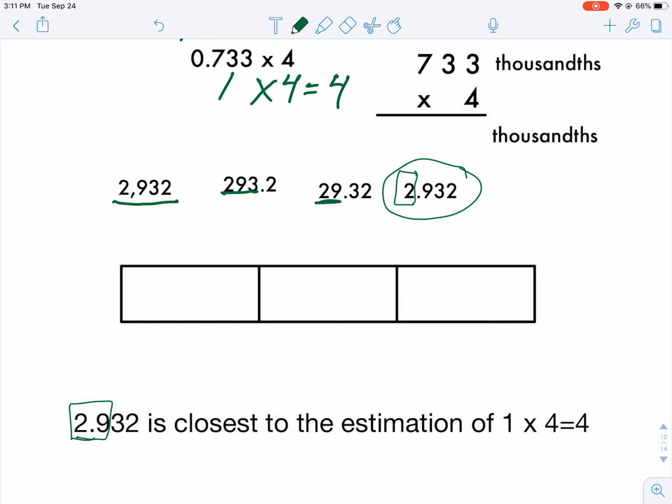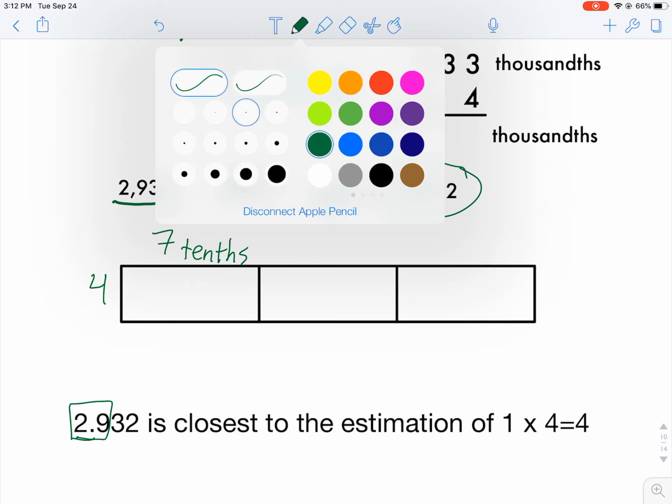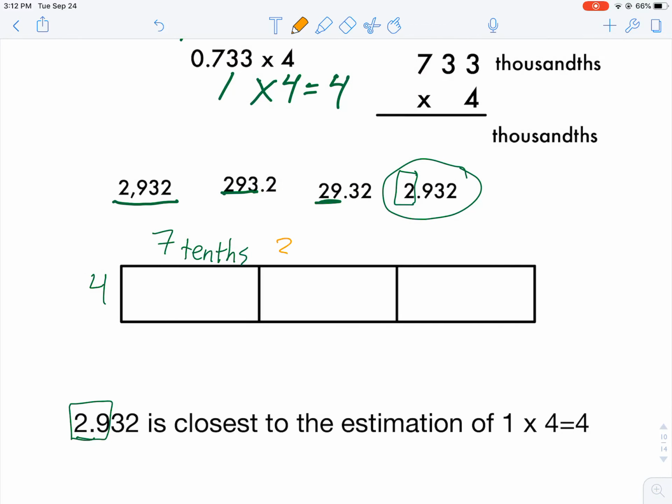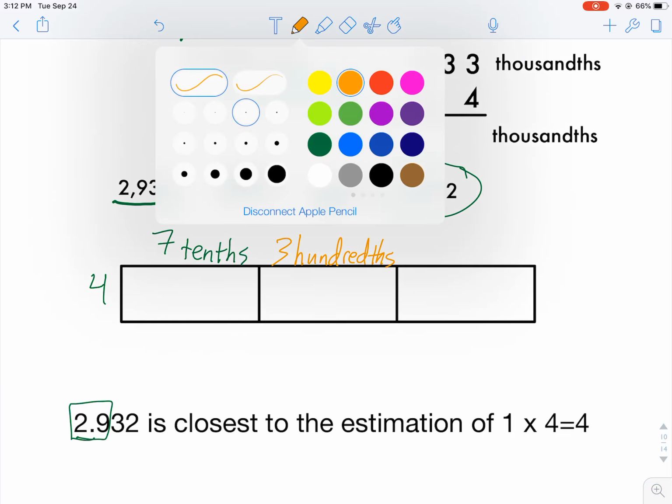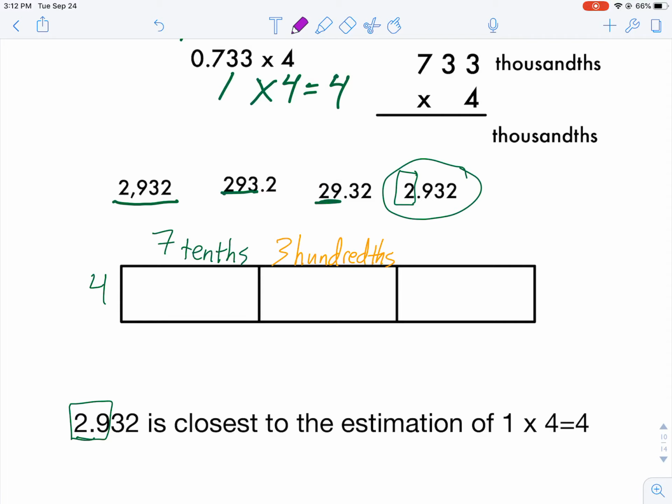Now, if we wanted to show it in the area model, we use a 4 here, we would have 7, and this is tens. Then we have, so we don't get mixed up, 3 hundredths, and last we have 3 thousandths.